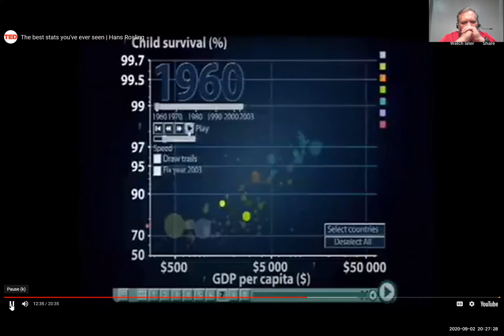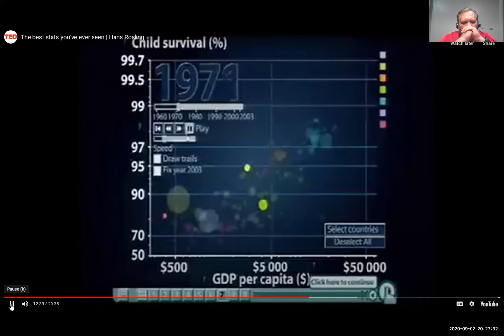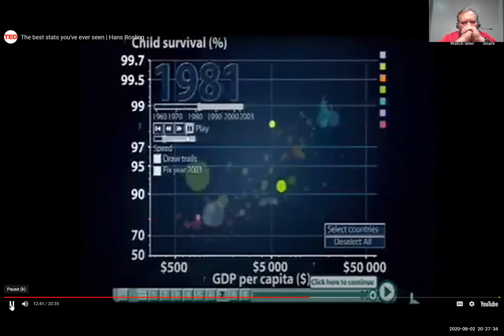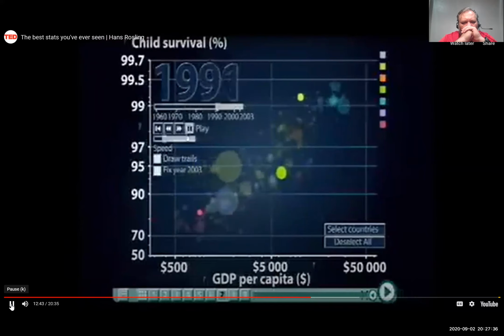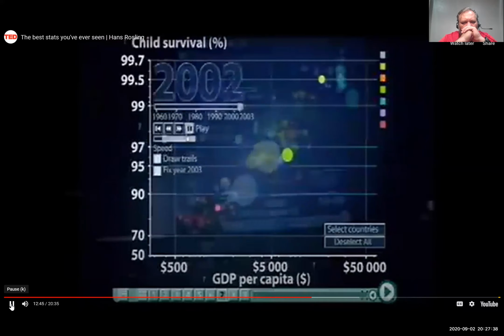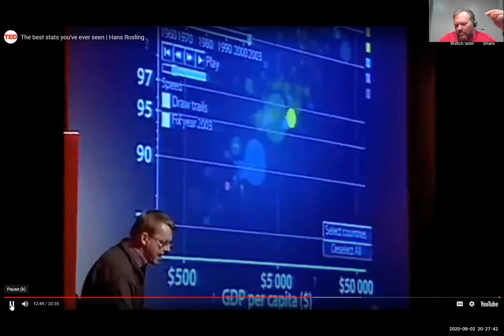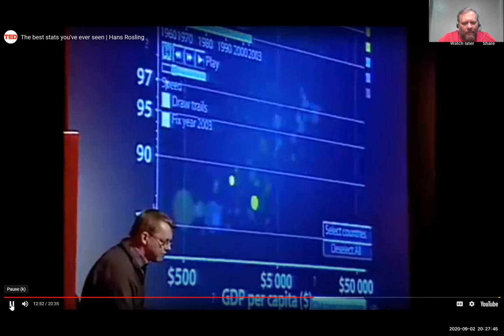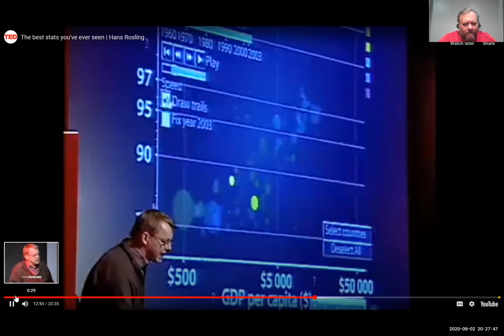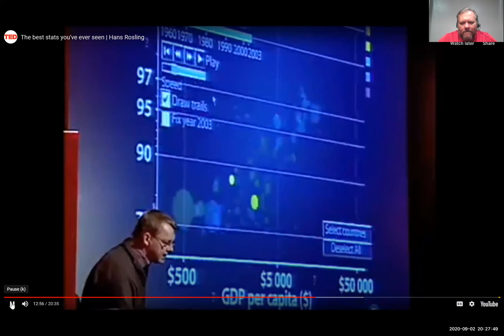And I can run it forward like this, and you can see how South Korea is making a very, very fast advancement, whereas Brazil is much slower. And if we move back again here, and we put on trails on them like this, you can see again.